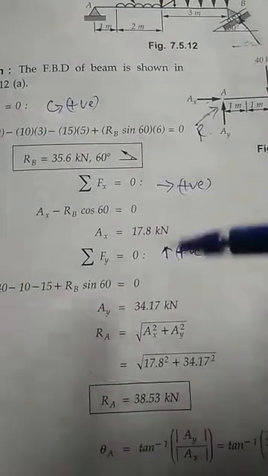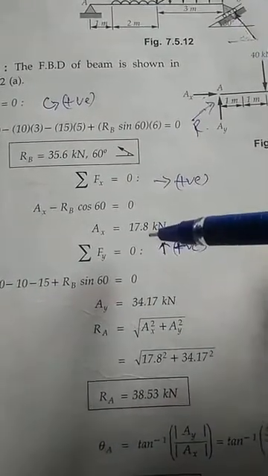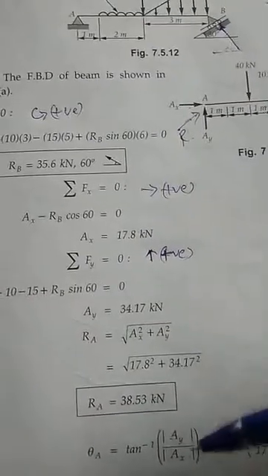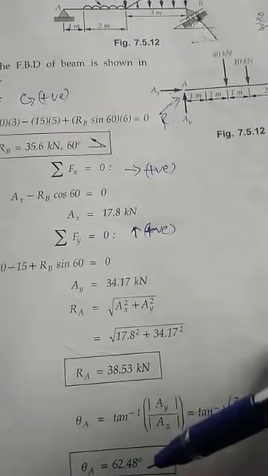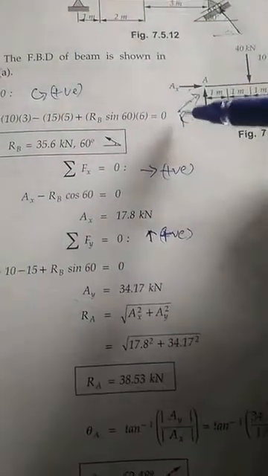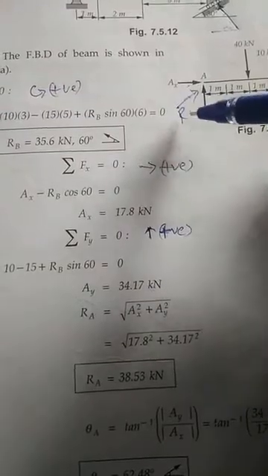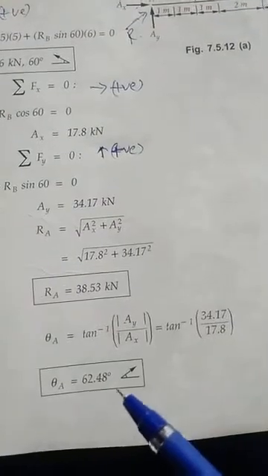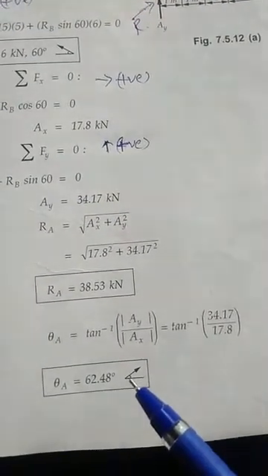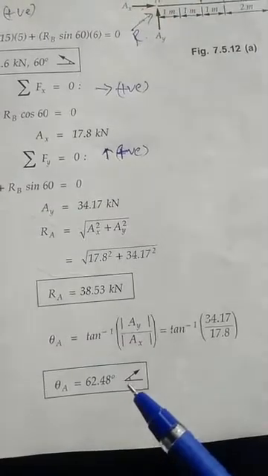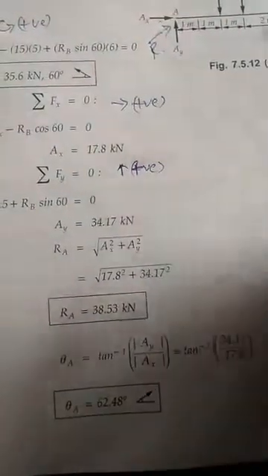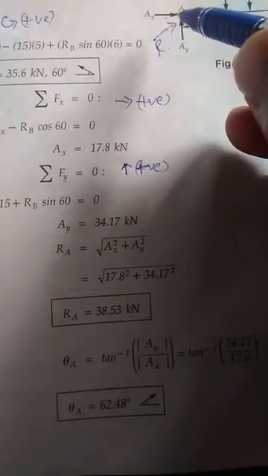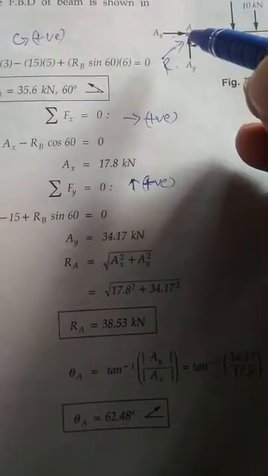You know Ay is 34.17 and Ax is 17.8. Substitute both values and find the theta value, the angle of the resultant force with respect to the horizontal. Finally you will obtain around 62.48 degrees. So that is the angle theta at point A of the resultant in the beam section.